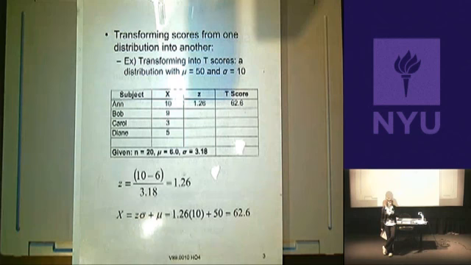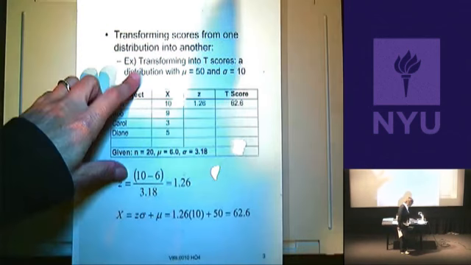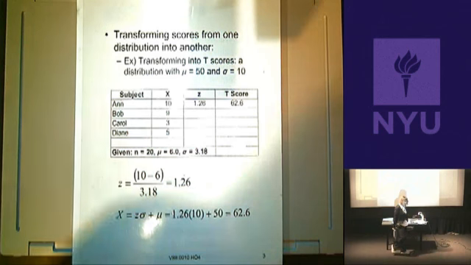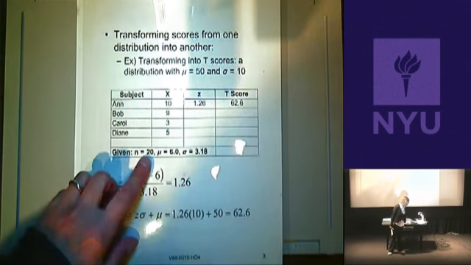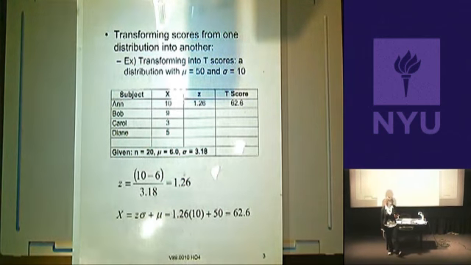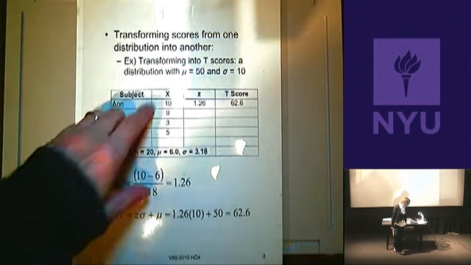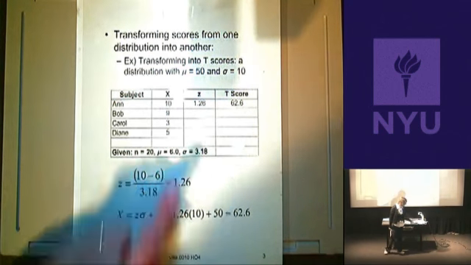So let's take a look at this very quick example. Let's say I want to transform my scores. Here we have an n of 20, so 20 people actually took this test, but we're only going to do 4 as an example. Anne, Bob, Carol, and Diane took this and got scores that have a mean of 6 and a standard deviation of 3.18.